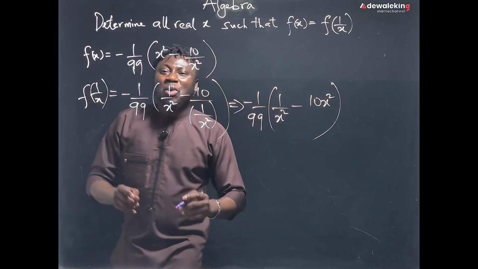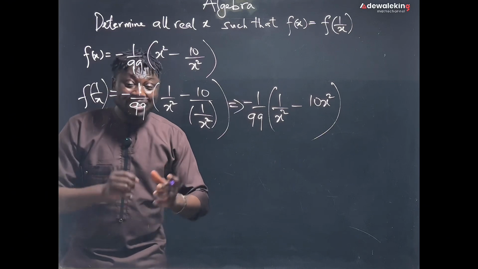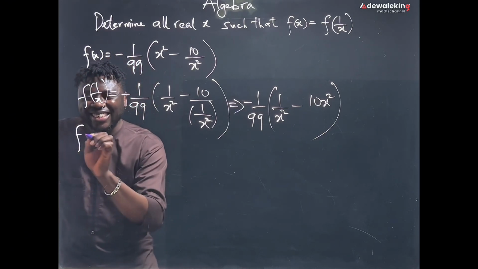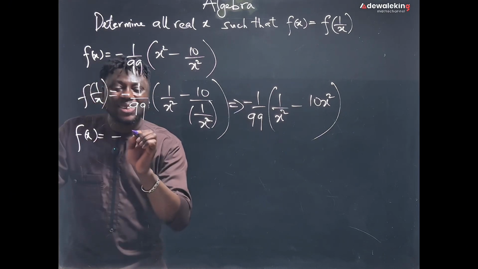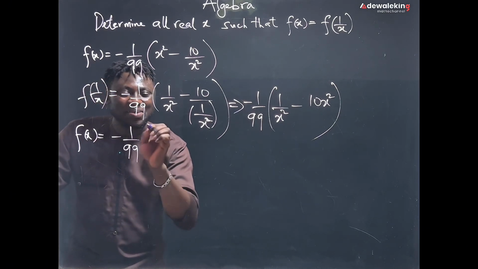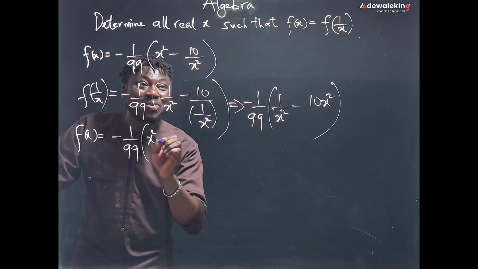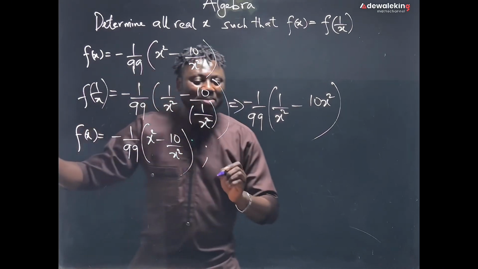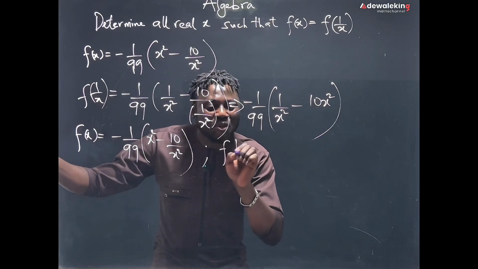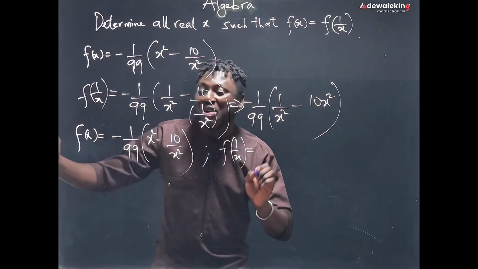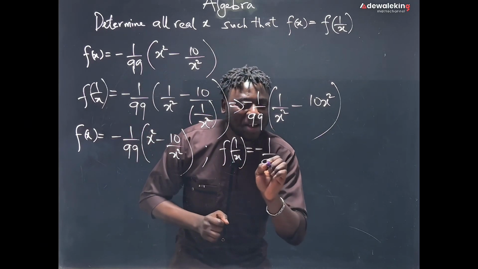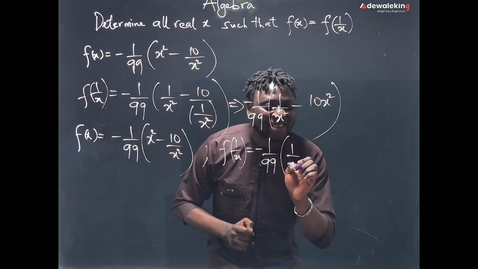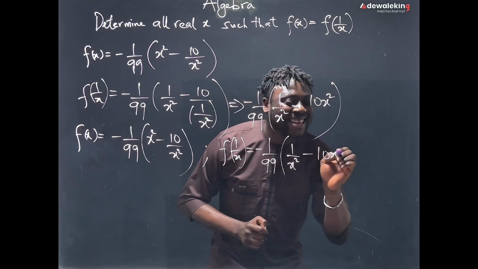We can put the two functions together: f of x is equal to minus 1 over 99 open bracket x squared minus 10 over x squared, and f of 1 over x is equal to minus 1 over 99 open bracket 1 over x squared minus 10 x squared.